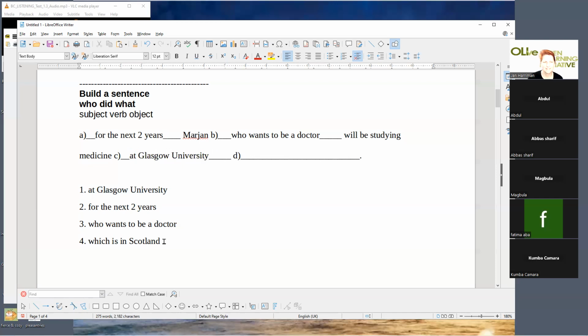For D. Yes. Now, what is this clause describing? Because remember, a clause always relates to something in the sentence. In university, which university? Yeah, the Glasgow University.